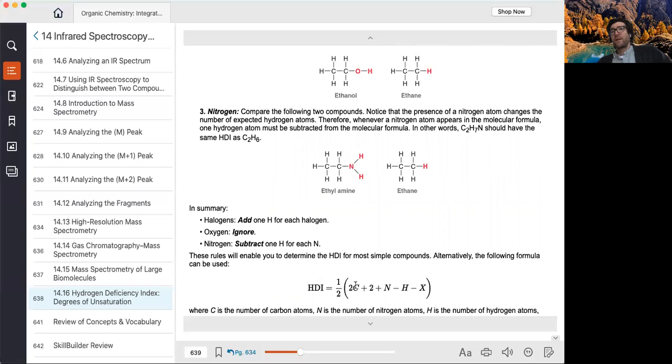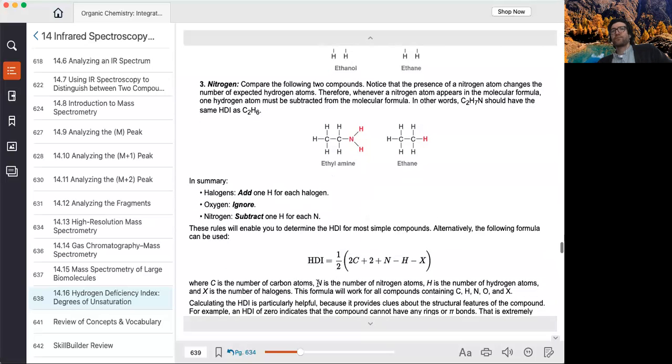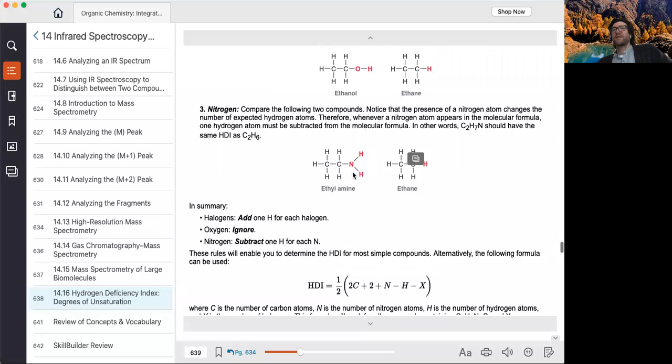So that would be 4 plus 2 is 6, plus the number of nitrogens is 7. Do we have any hydrogens? Yes, we have 1, 2, 3, 4, 5, 6, 7 hydrogens. So we had 7 minus 7 is 0. One half of 0 is 0. So we can see that ethylamine is still saturated.